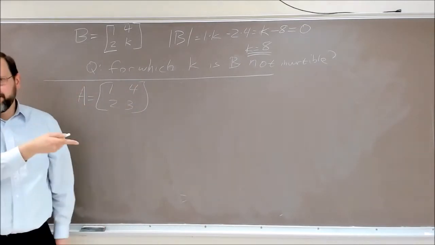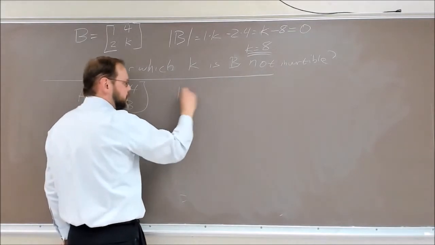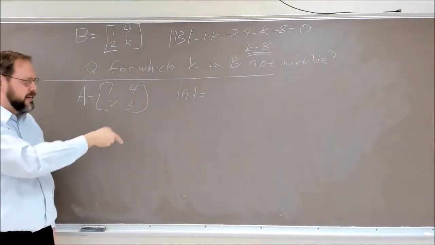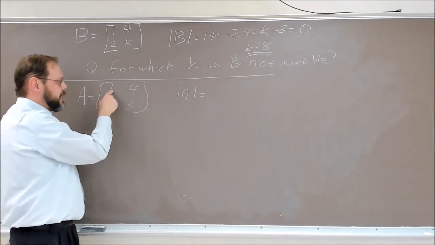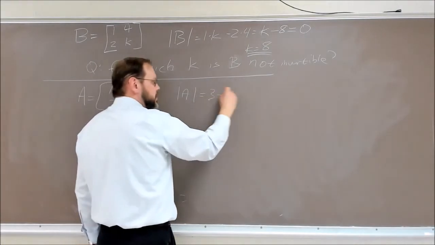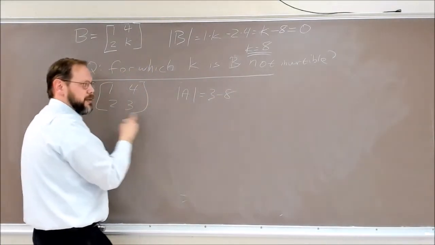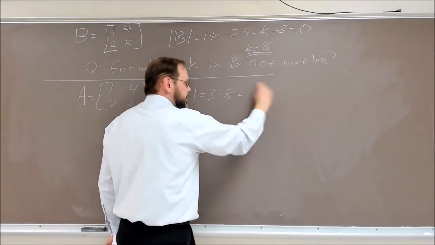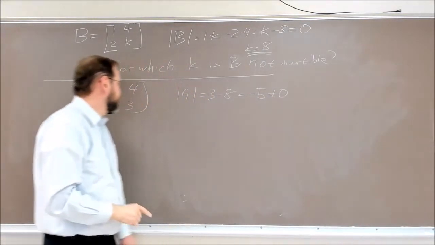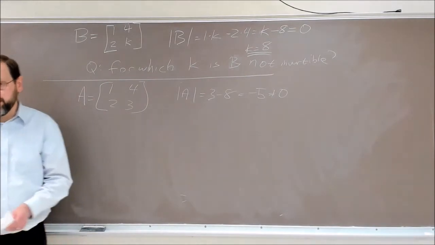Now, of course, I can compute the determinant of A. That's not the problem. This is a non-singular matrix, an invertible matrix. The determinant is going to be 1 times 3 minus 2 times 4. It's going to be 3 minus 8 when I do that cross multiplication, which is equal to negative 5. Negative 5 is not equal to 0, so I know this matrix A is invertible.